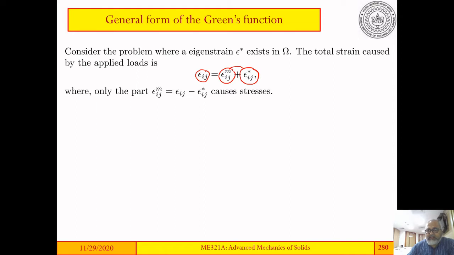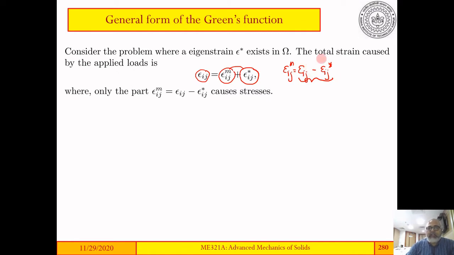So the strain that causes stresses, and the one that will go into the constitutive equation, is actually the total strain epsilon ij minus the eigenstrain epsilon ij star. This is your mechanical strain that will go into your constitutive equations and cause stresses.